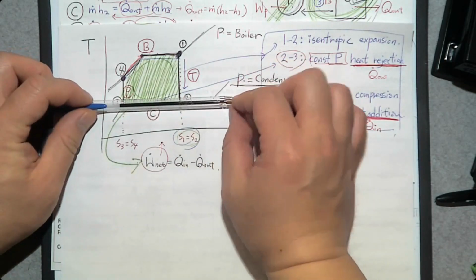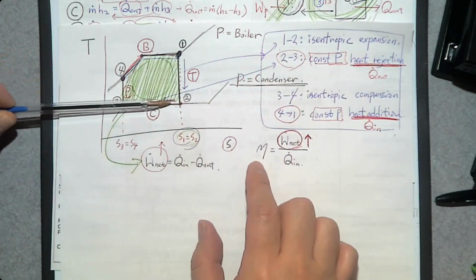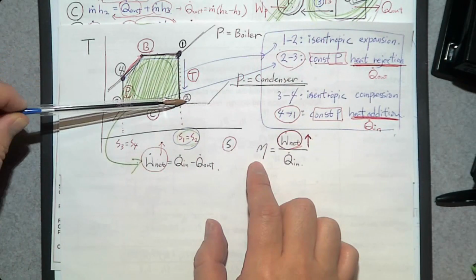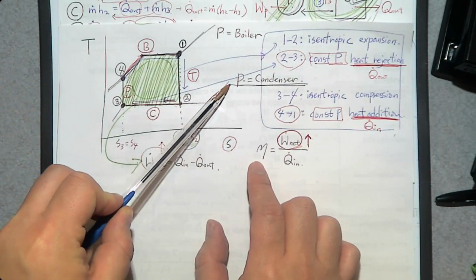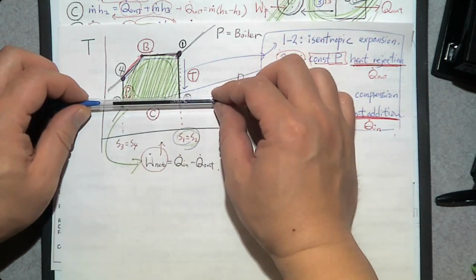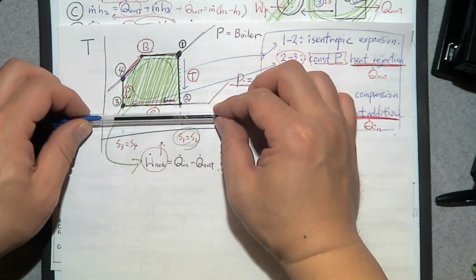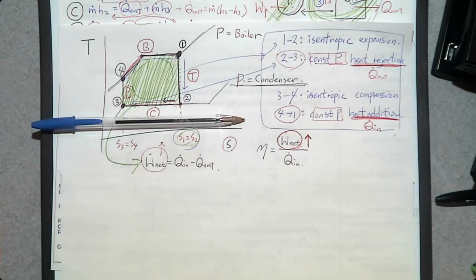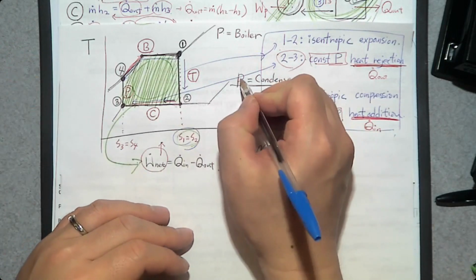First, what is this line? This line represents condenser pressure. So if you decrease the condenser pressure, then you can increase the enclosed area. So one way we can do is we can decrease condenser pressure.